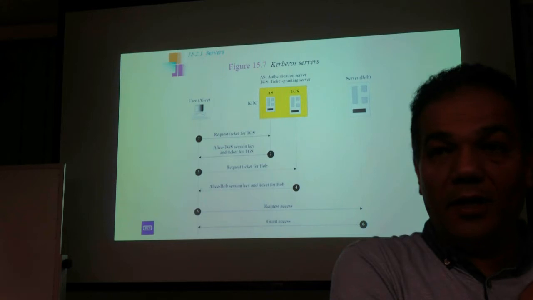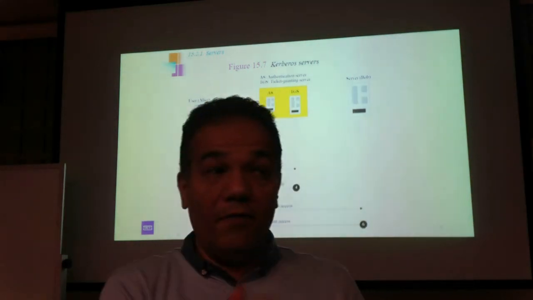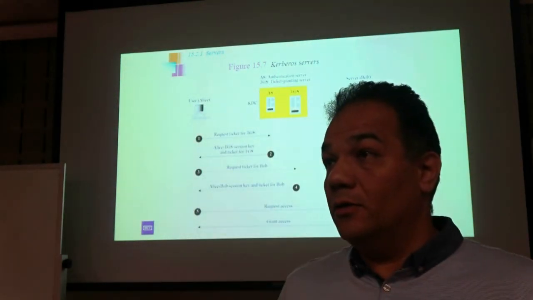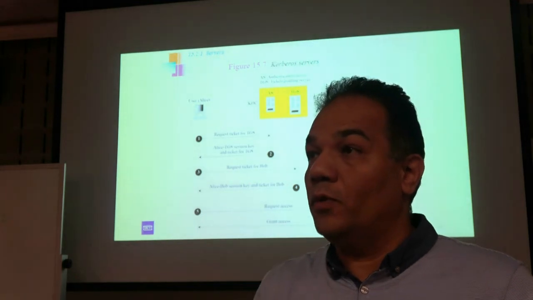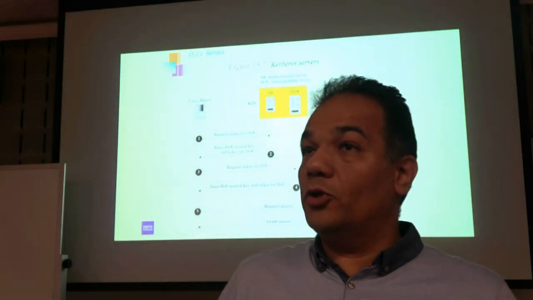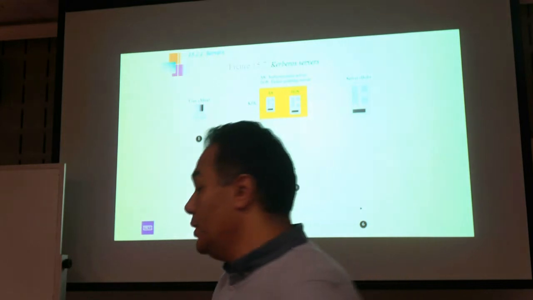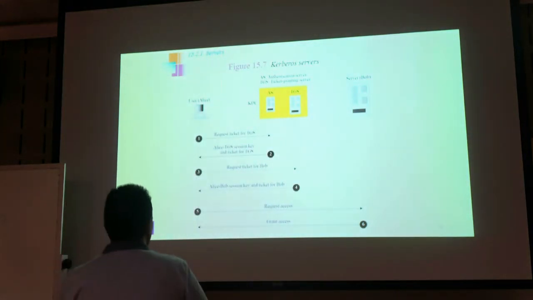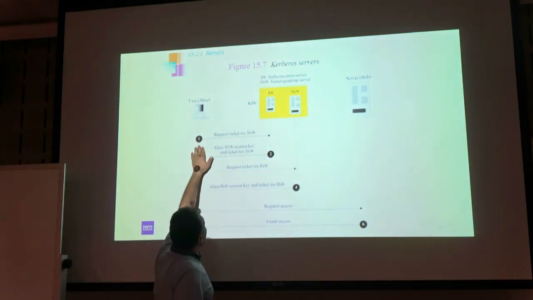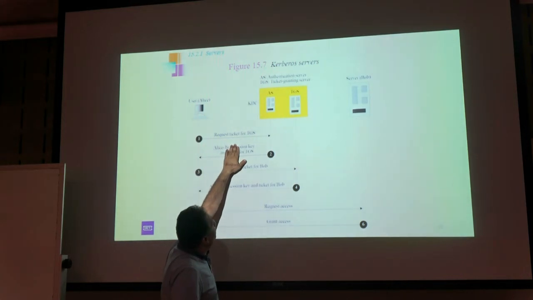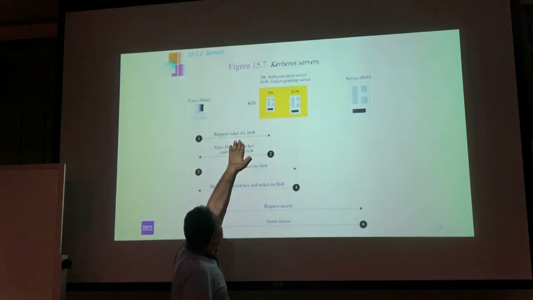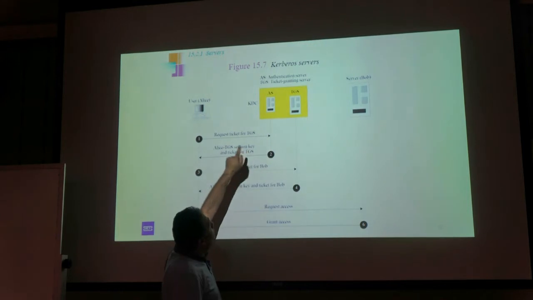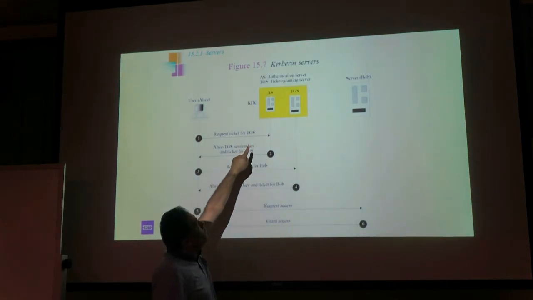That's exactly what's happening here. Tickets, and this ticket is time limited, so it expires, but you can renew it, even automatically. That's the system. So what will happen here? Alice, the user, requests a ticket for the ticket granting server. So first it authenticates you.